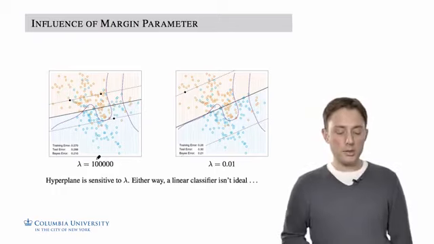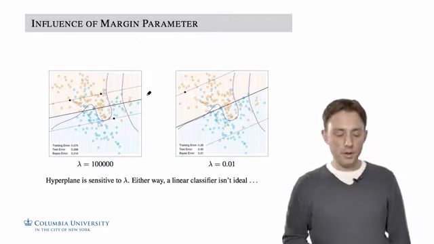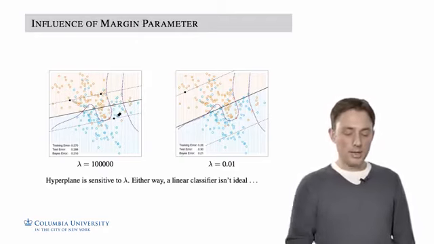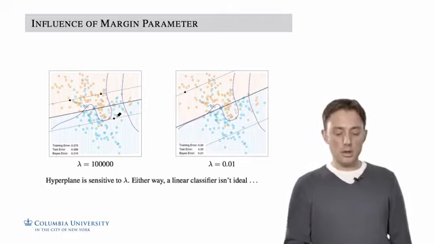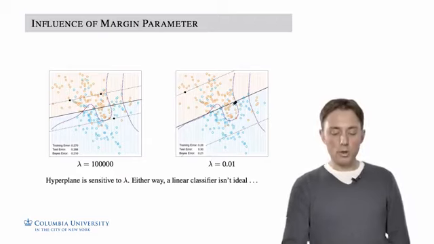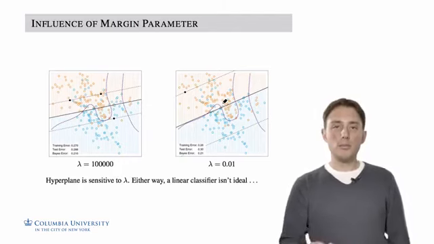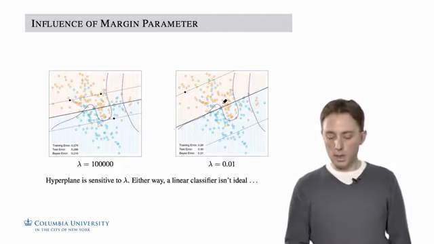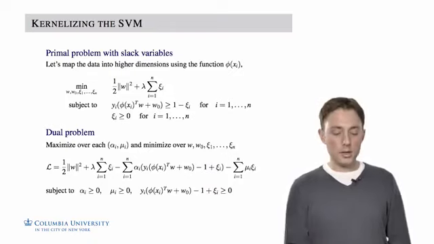For example, here's a case where lambda is very large, and so we learn this hyperplane, and these are the points that have their corresponding alphas greater than 0. And then for lambda very small, we would learn, for example, this hyperplane. So the takeaway from these slides is that the hyperplane is going to adjust itself based on what we set lambda to be.